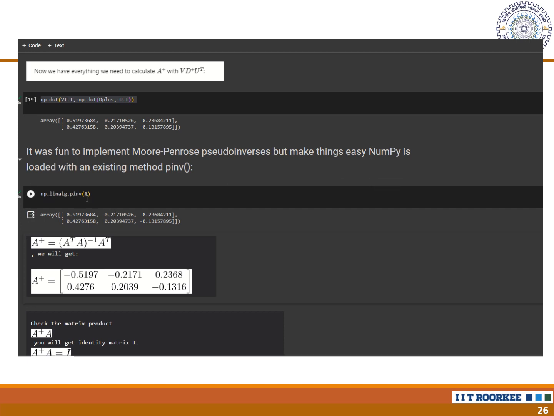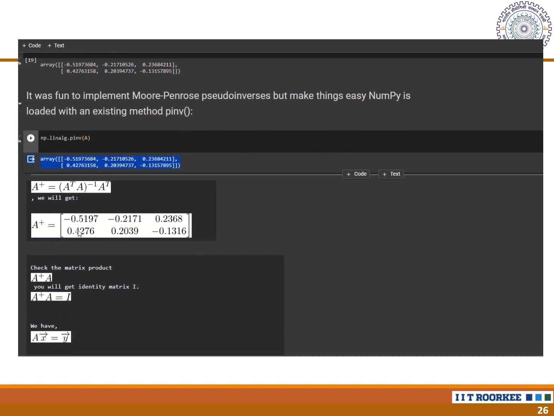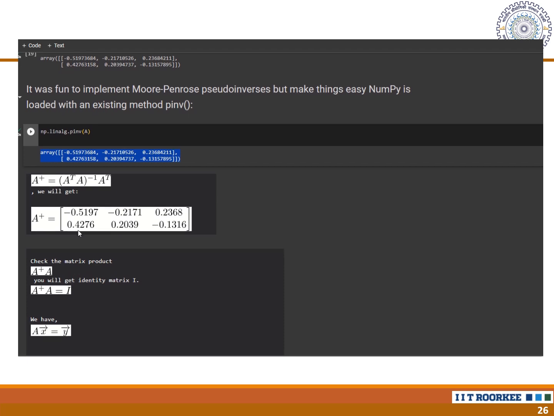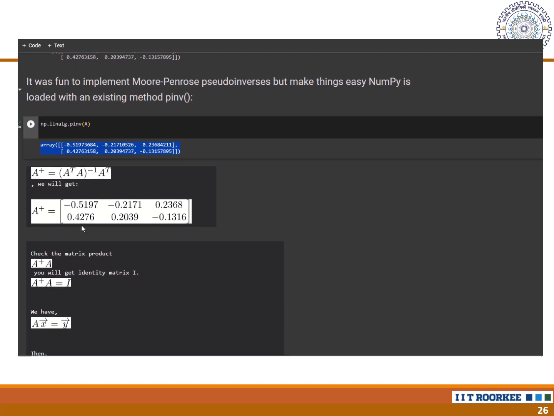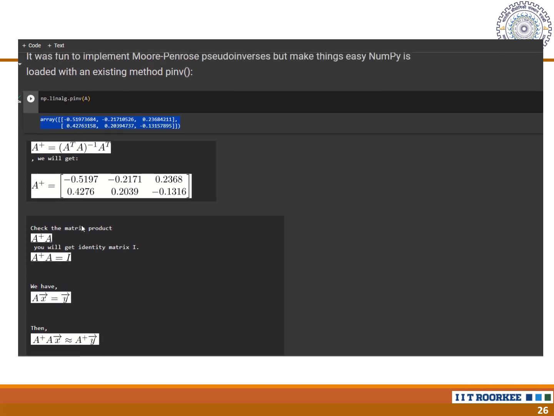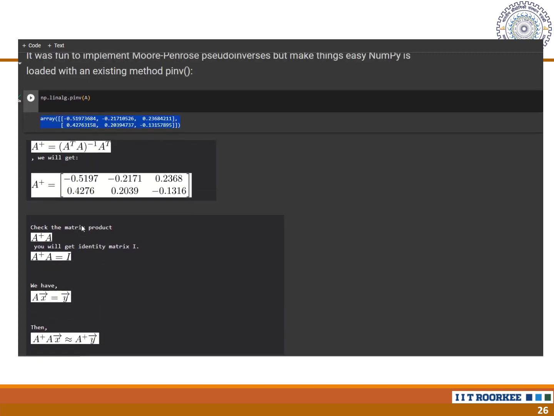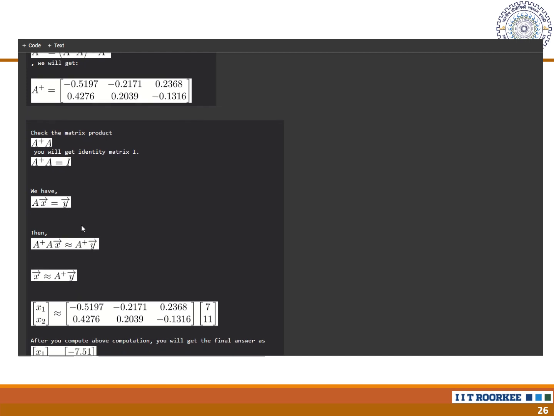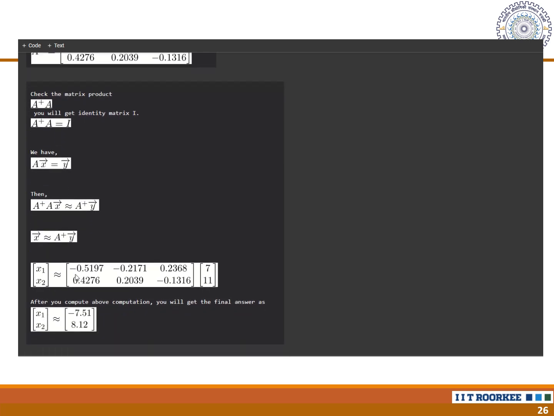P stands for pseudo, inv stands for inverse, and we can clearly see that this array and this array are the same. So we get the same answers. Next, here we have gotten our inverse. So next what we're gonna do is we're gonna just use these values to find the value of x. We can simply multiply y with the pseudo inverse of A, and here are our values for x.